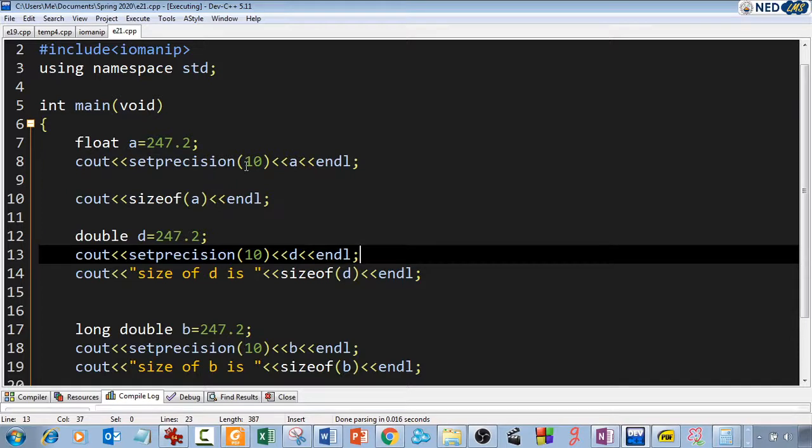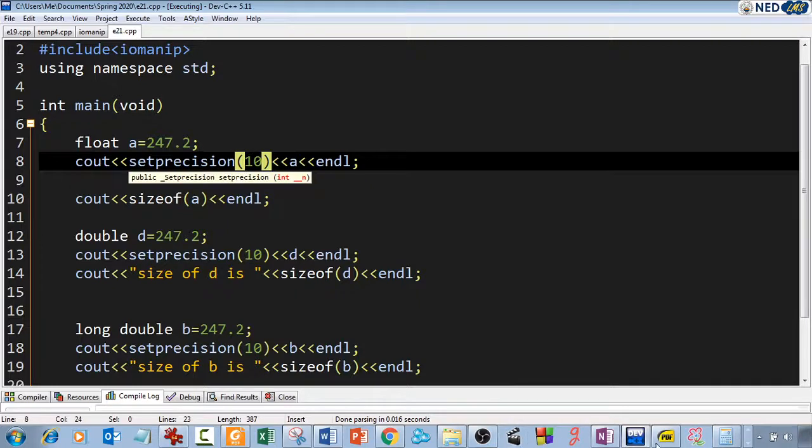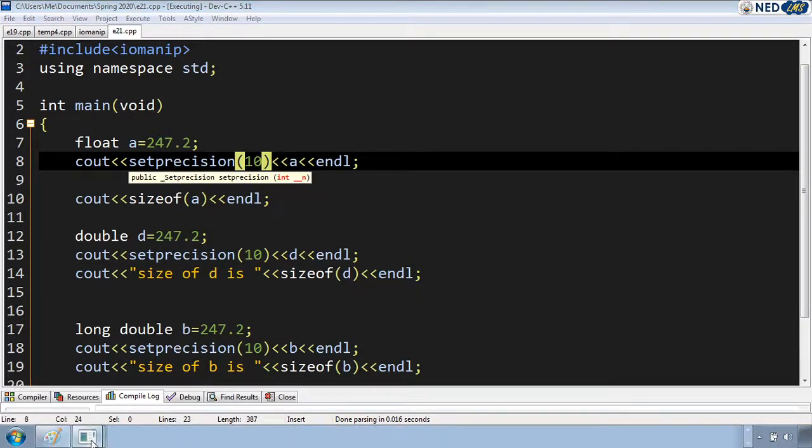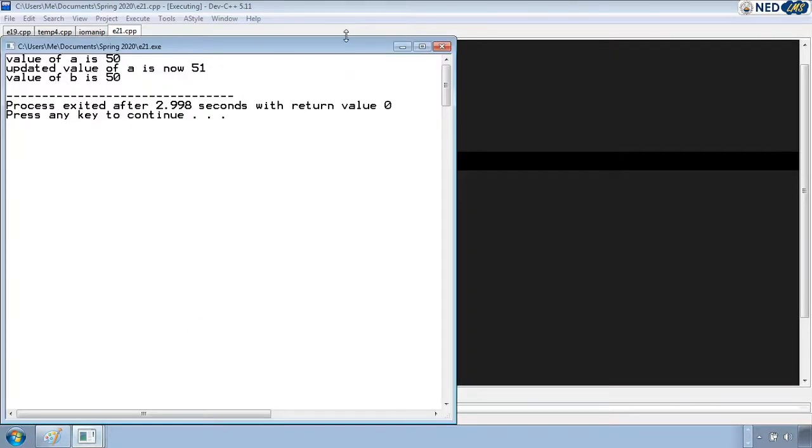Set precision is just for displaying the numbers after the decimal point. It's not actual, it's for display purposes only. So if you set precision to 1, it will have this value. Let me get that value over here. Sorry, this is from the previous lecture.